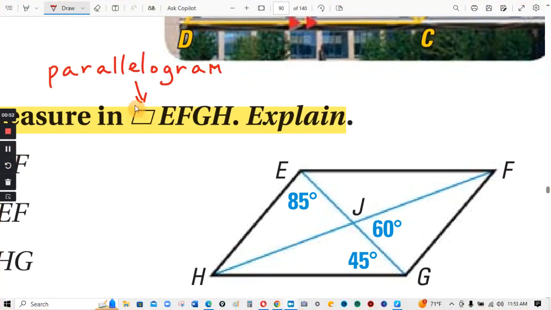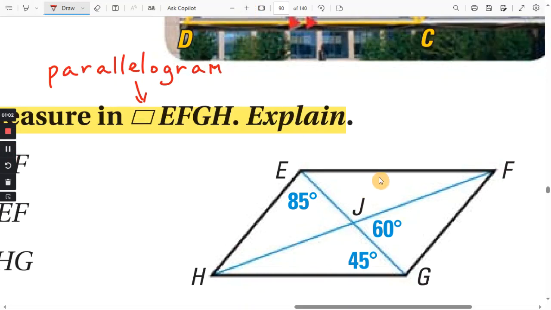So since we're given this symbol as a parallelogram, the definition of a parallelogram is that opposite sides are parallel. So in the diagram here, I am going to mark the top and bottom sides parallel, and I'm also going to mark the left and right sides parallel, because that's the definition of a parallelogram.